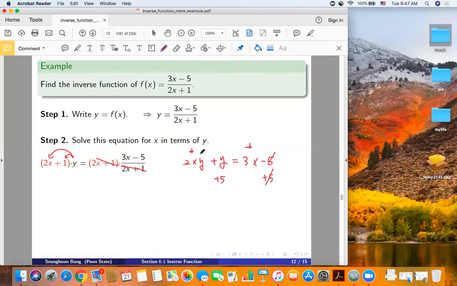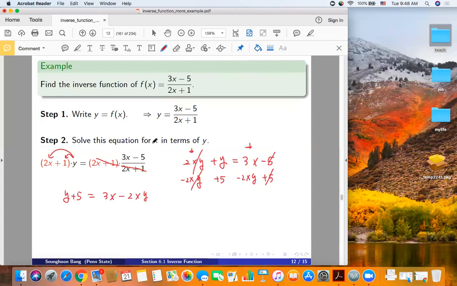Cancel. You have to move 2xy to the right hand side. You subtract 2xy from both sides. So what happens? Y plus 5 equals 3x minus 2xy.